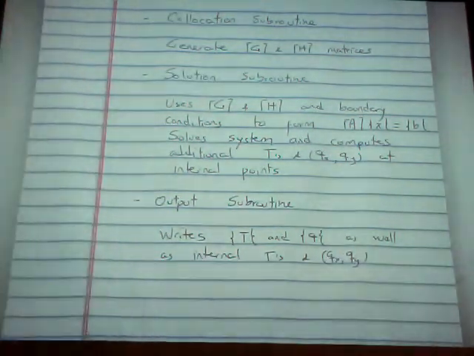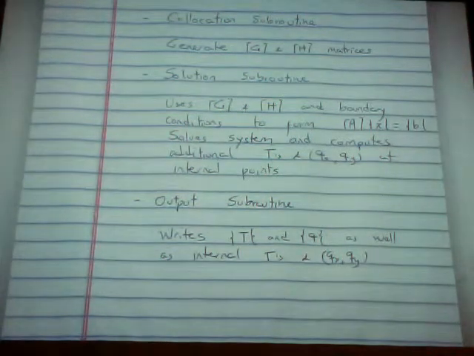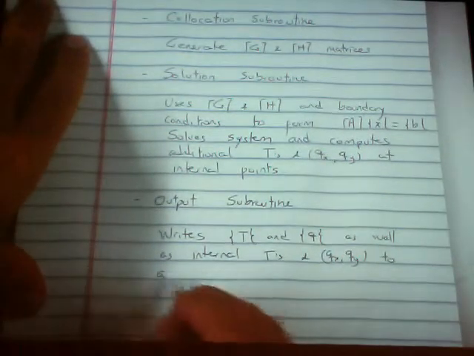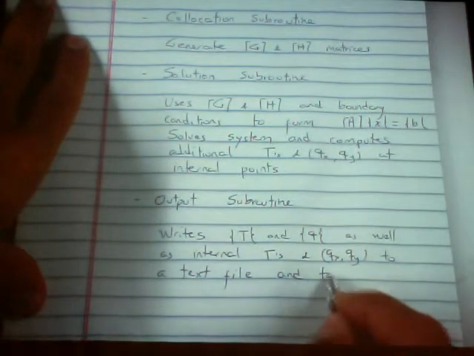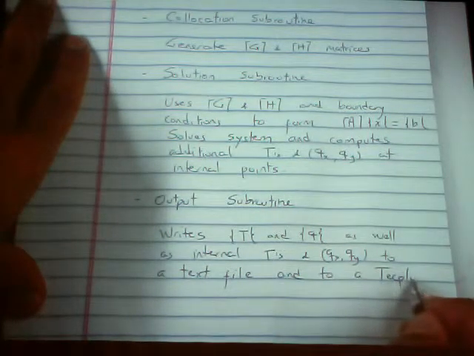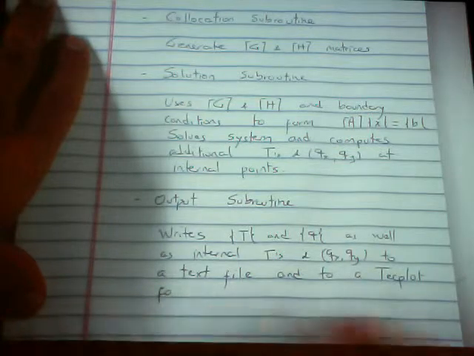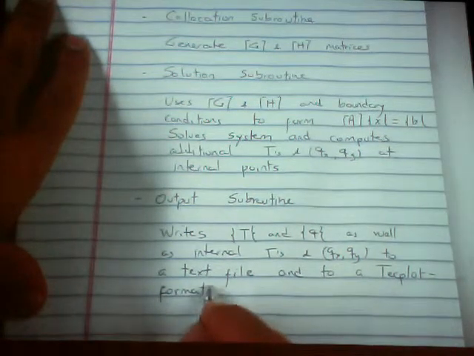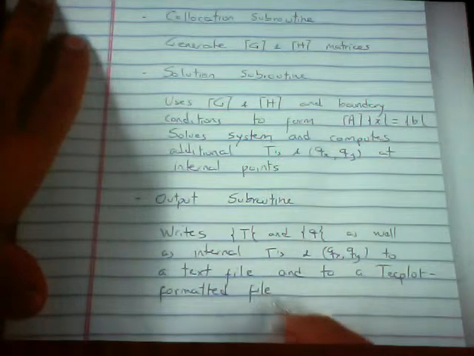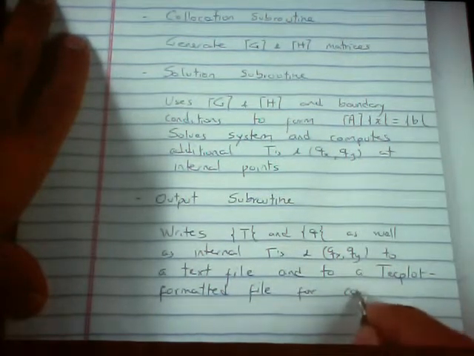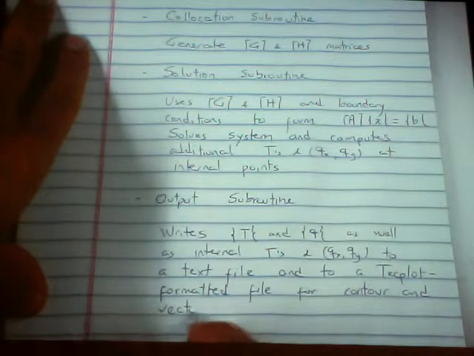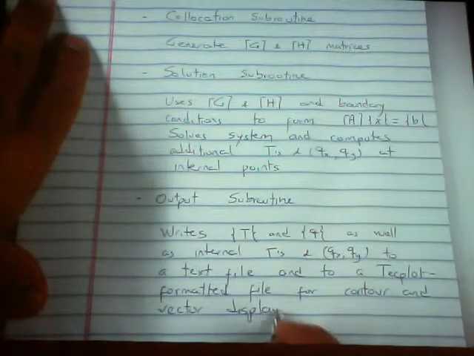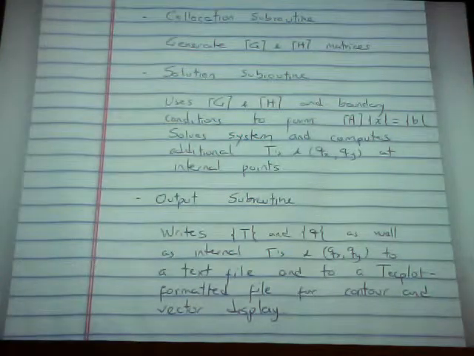Remember that internally you don't have just Q, you have Q as a vector, so you have the X component and the Y component of that vector, to a text file and to a Tecplot formatted file for contour and vector display. That's what it does.